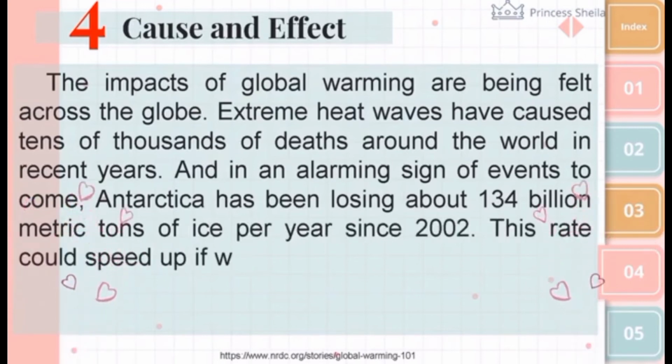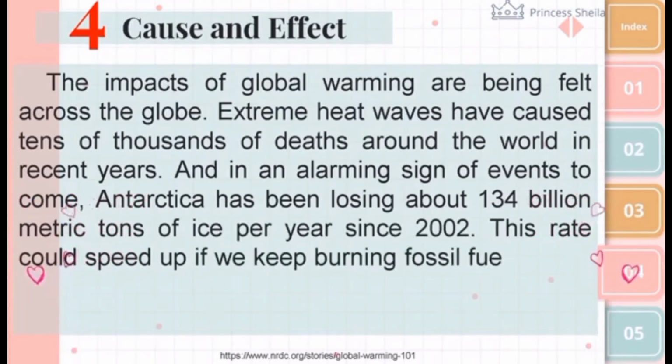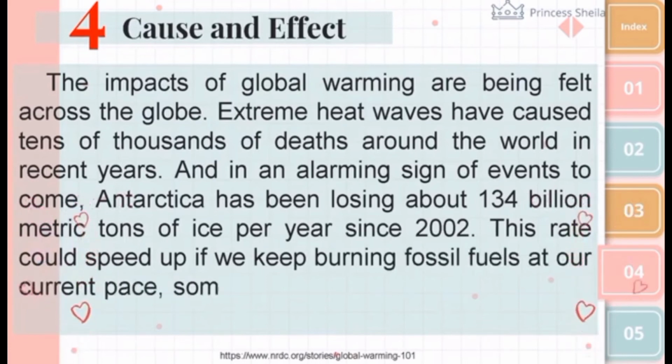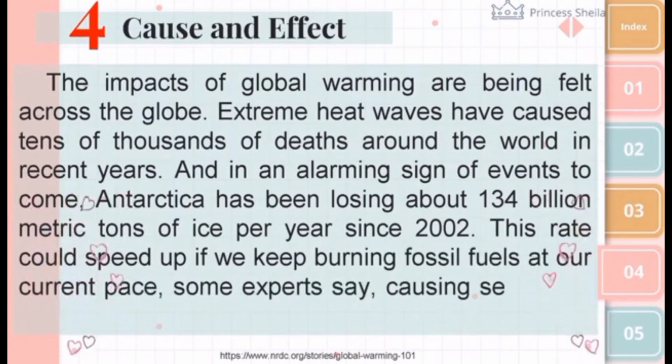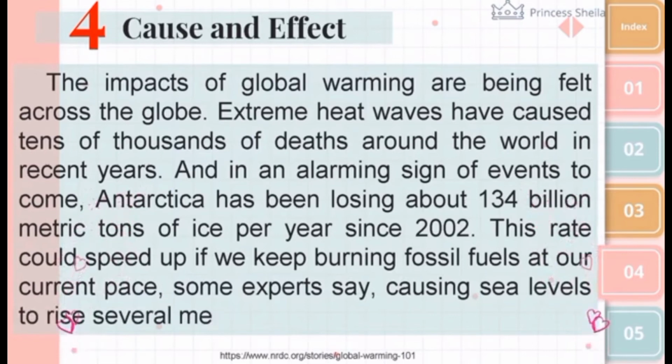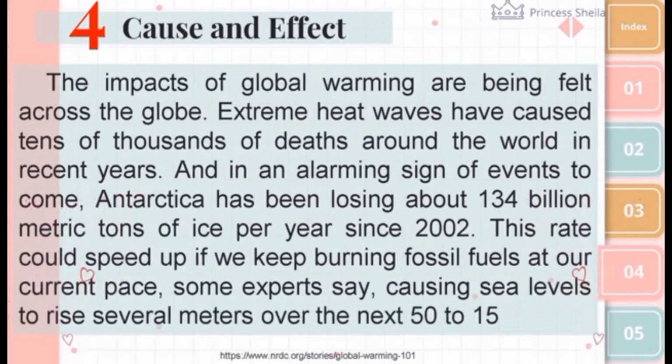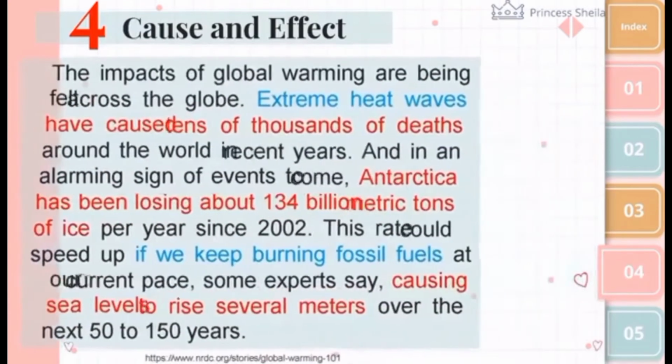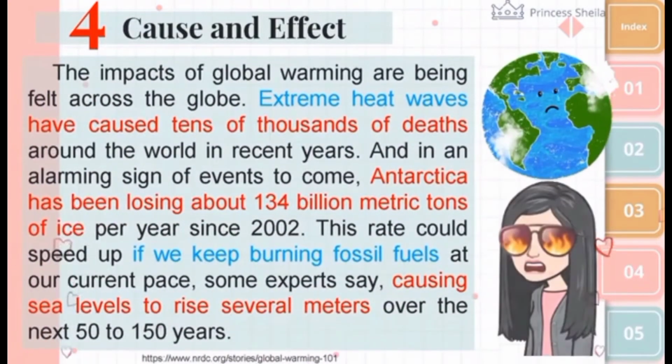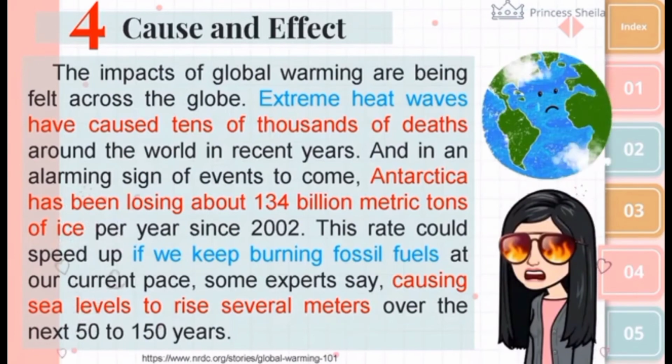This rate could speed up if we keep burning fossil fuels at our current pace, some experts say, causing sea levels to rise several meters over the next 50 to 150 years. Can you find the cause? What is the effect? Were you able to identify the causes and the effects?